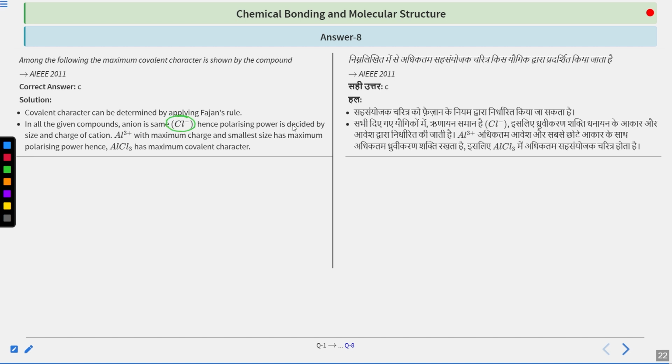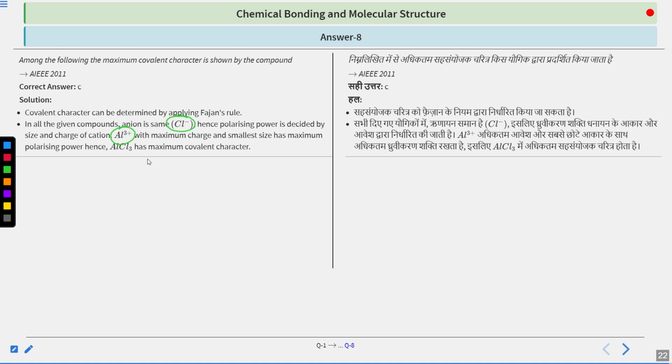So your polarizing power is decided by whom? The cation holds the polarizing power, and the anion holds the polarizability, the tendency to get polarized. Since Al3+ has the maximum charge, it will have the maximum polarizing power. There are two factors here: greater charge gives greater polarizing power, and smaller size also gives greater polarizing power.